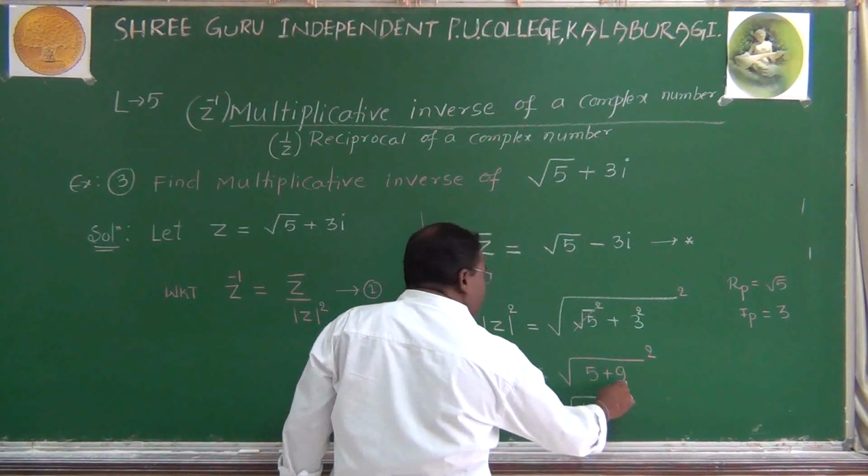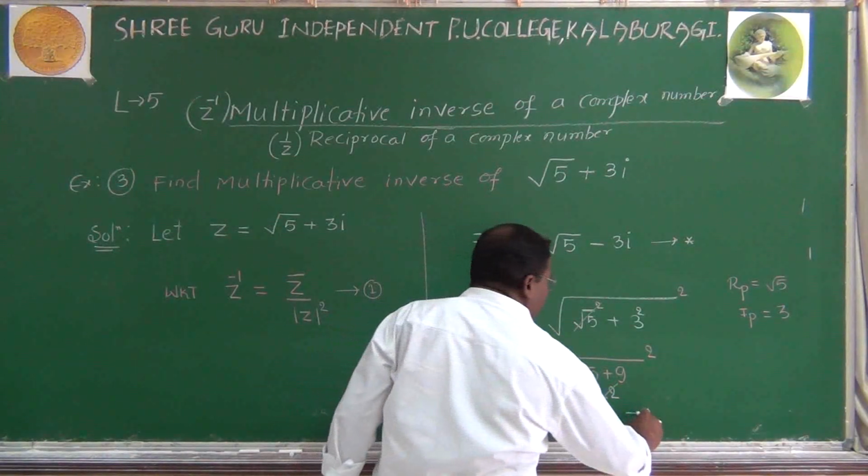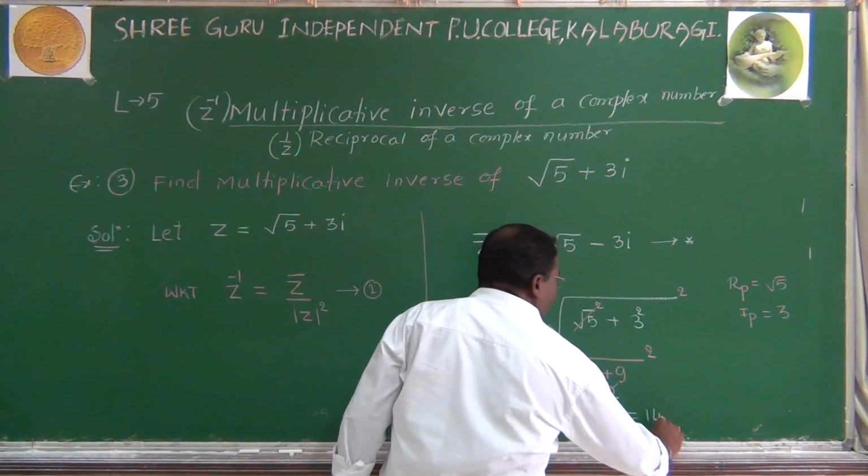Square and root get cancelled, and it is equal to 14.